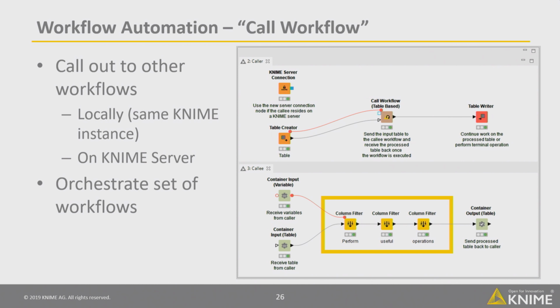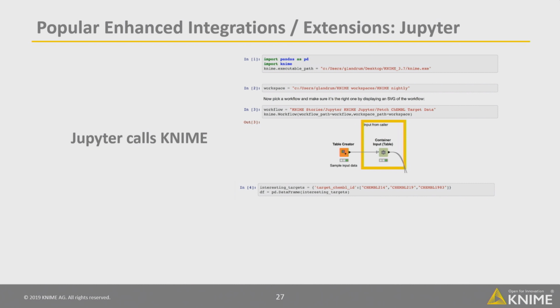The model factory that was presented in a previous year is based on the same concept. So you have one master workflow and instrument a whole set of other workflows and call out to them. And depending on switches and runtime data, you call out to different workflows. I'm going to show that in a second.